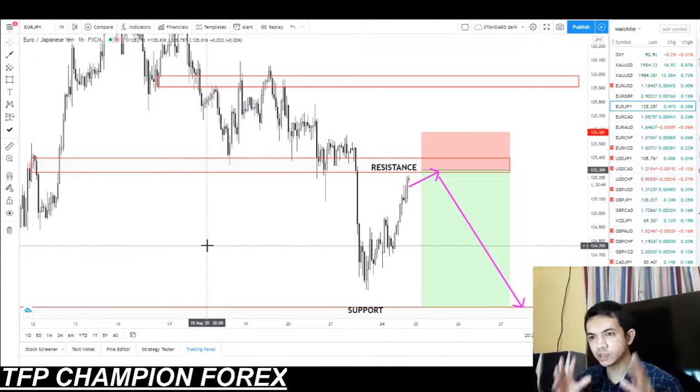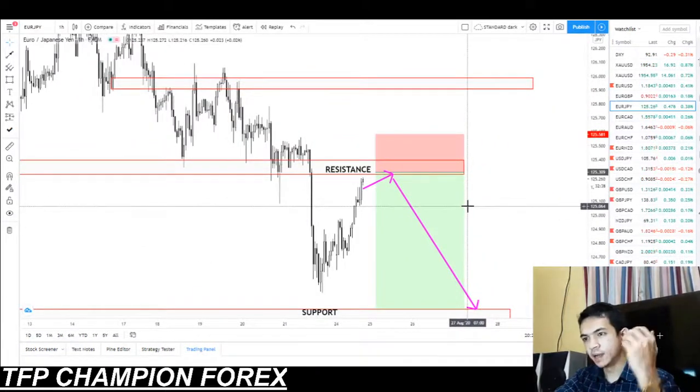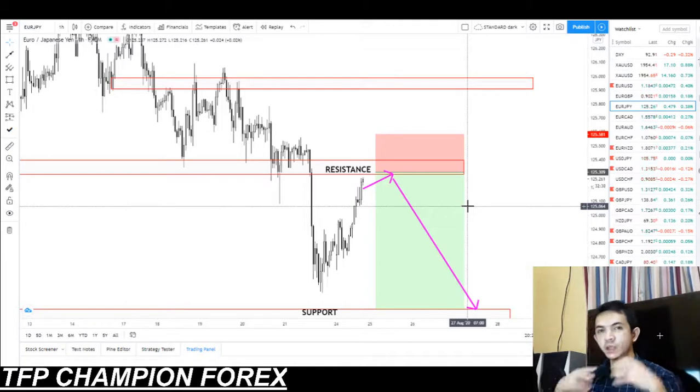Set yourself some rules or criteria prior to entering a trade. Give yourself scenarios, be reactive rather than predictive. Again, anything can happen in the market. We cannot predict the market 100%, but if we have certain rules to follow prior to entering a trade, then that would make our trade high probable.